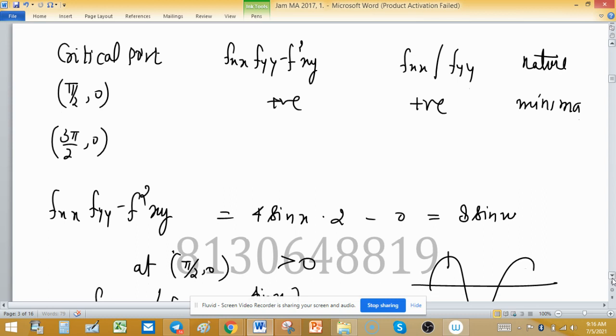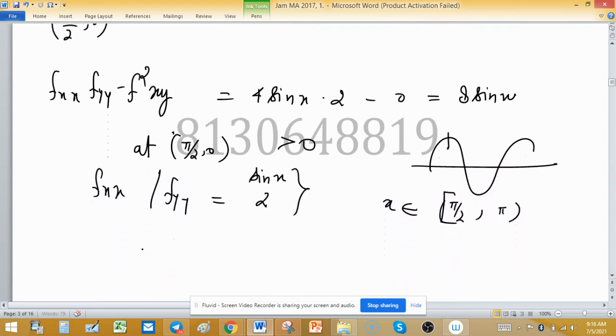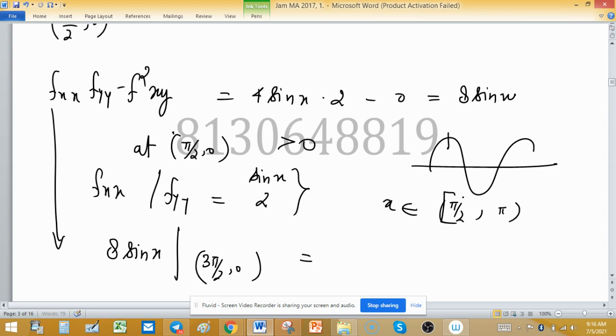Now check at 3 pi by 2 comma 0. The value of this is 8 sine x, and at 3 pi by 2, the sine function is negative. So the nature is a saddle point.